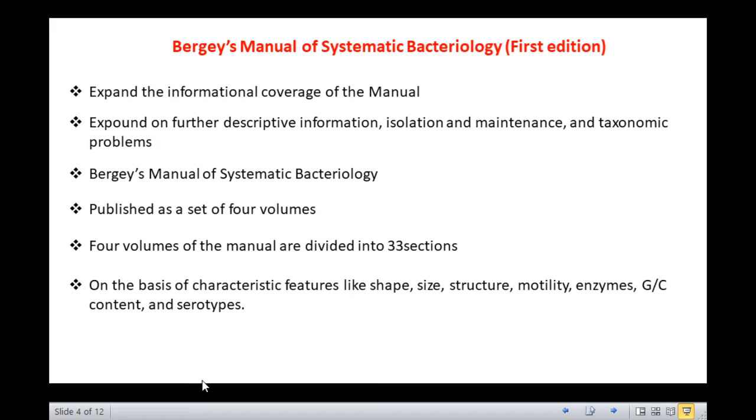All accepted genera have been placed in what seems to be the most appropriate section. Bergey's Manual of Systematic Bacteriology is an institute rather than a thematic book. The book was truly an international project in which 290 scientists from 19 countries and 6 continents participated.